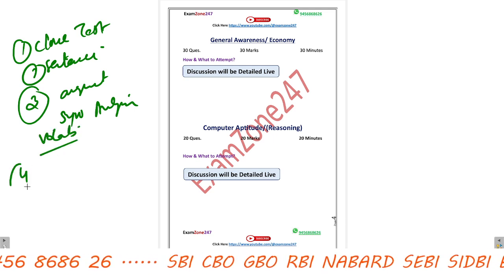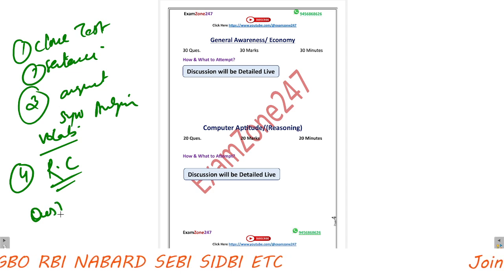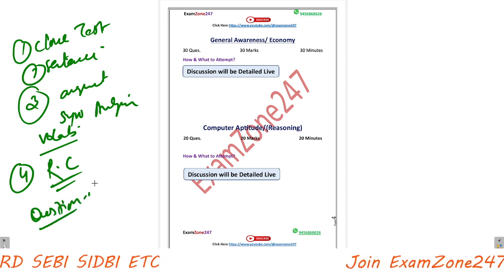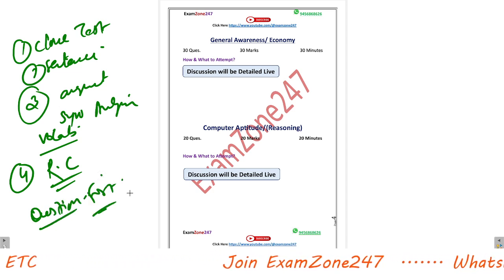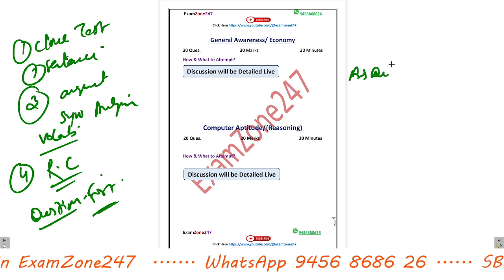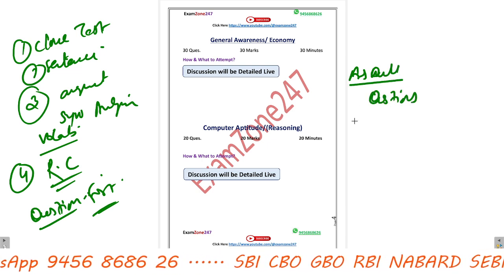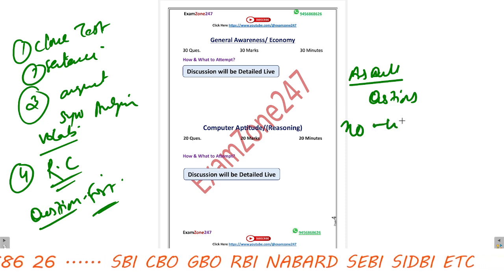Even then you will be studying the reading comprehension. Read questions first, then read the comprehension. Okay, in this way you will be answering. First, answer all questions, as there is no negative marking.